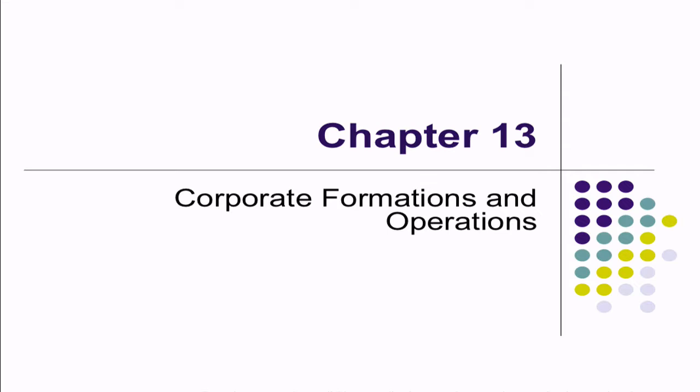What we're going to learn about in Chapter 13 is computing the tax consequences of transactions in which the shareholder transfers property or services to the corporation in exchange for stock of the corporation.